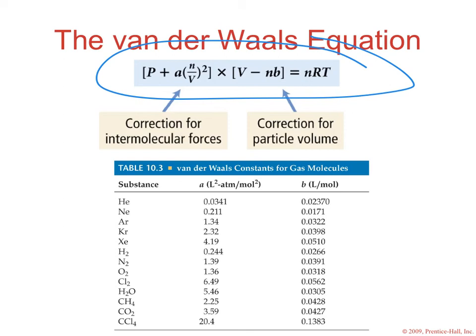This is how complicated it gets. So I would never give this to you on a standard test. These little factors that are new, A and B, those are the correction factors for pressure and volume, and they're measured by physical chemists for every single gas. And so you would just plug the A and B values in.